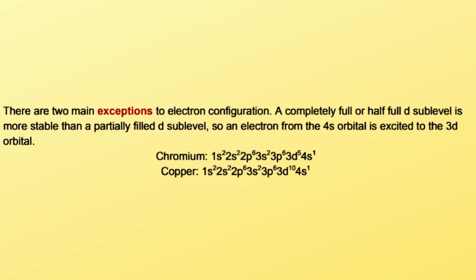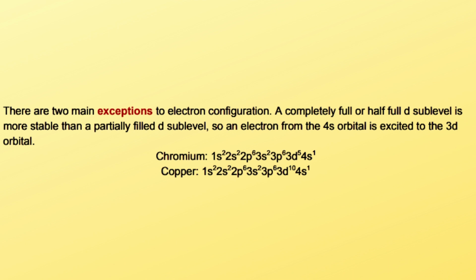So the maximum of 10 is more stable. That's called a fully filled d sublevel. Or if d is half of that, half of 10 is 5. So if d comes as d5 or d10, then that configuration is said to be more stable.